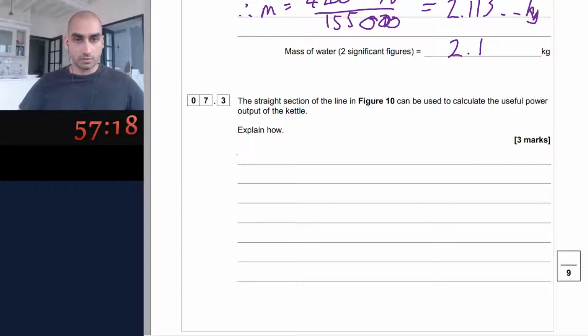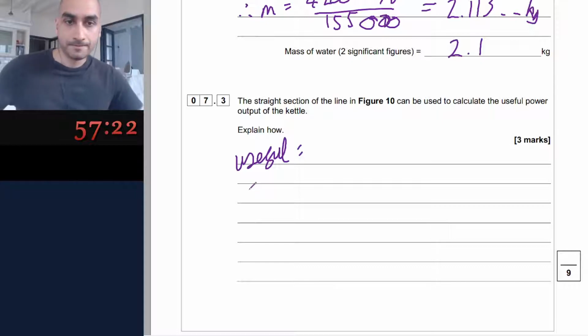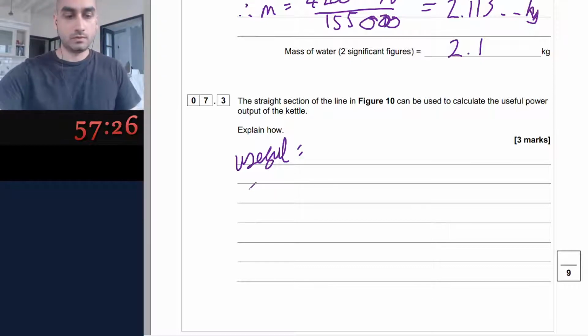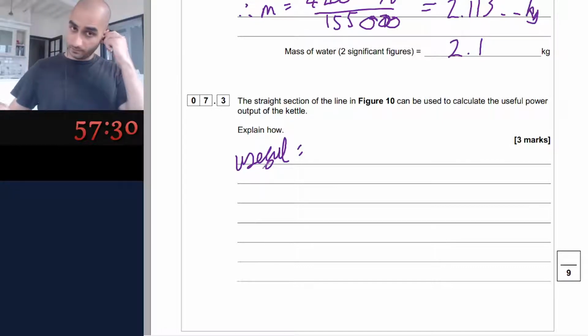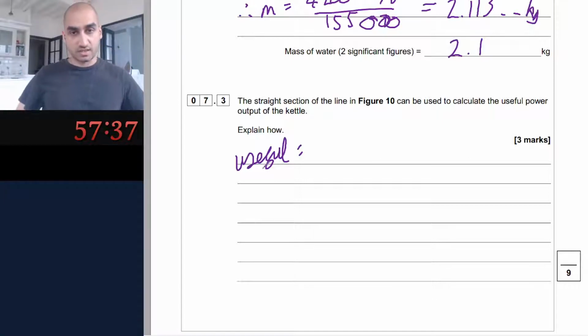So useful equals, so what was it again? Useful efficiency.